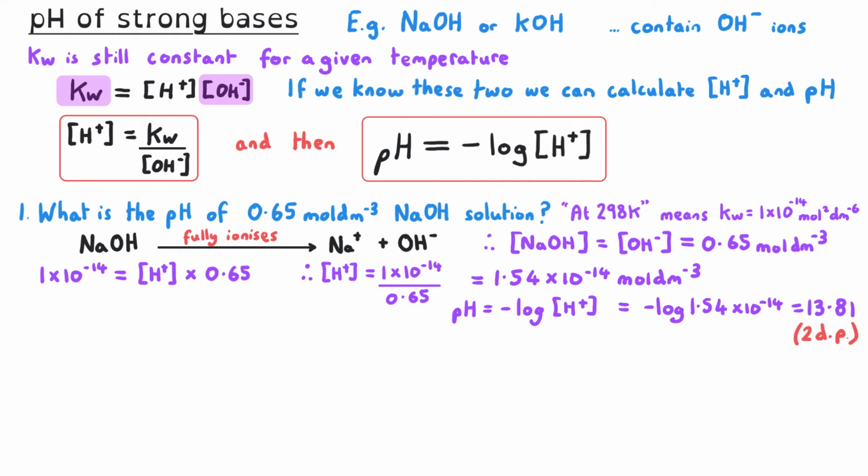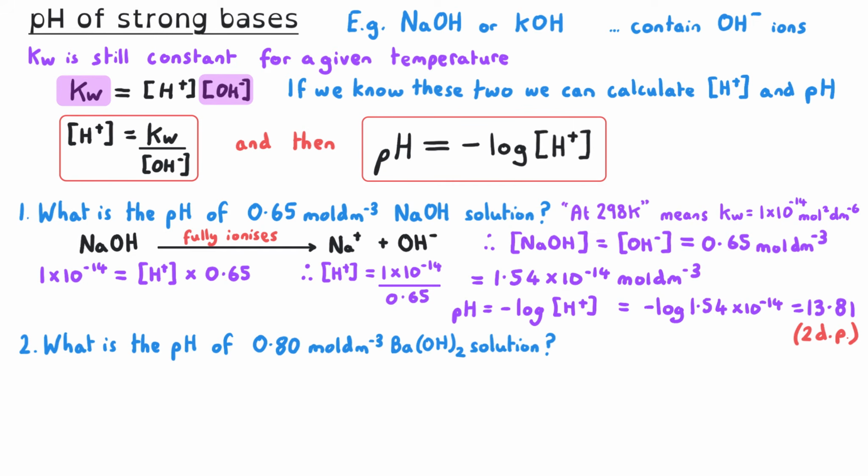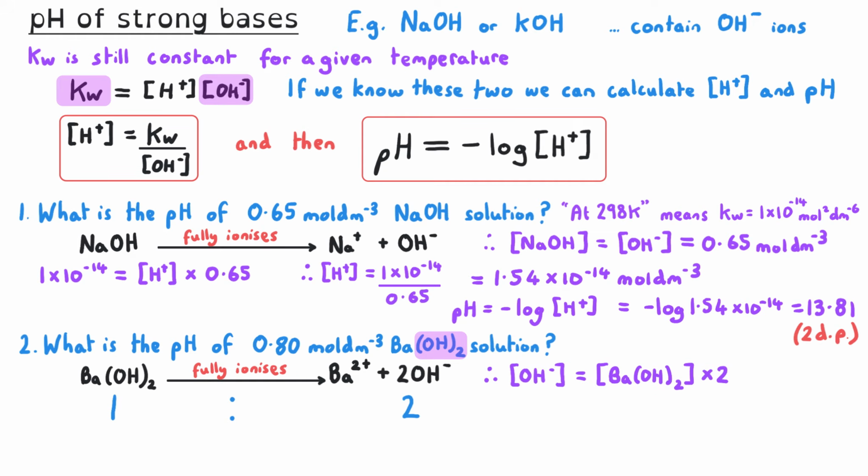And this works the same even if we've got a base that's got 2 hydroxide ions present. For instance, what is the pH of a 0.8 moles per decimeter cubed concentration of barium hydroxide? So first of all, we need to, again, recognise that it's a strong base, so that means that this will fully ionize, but this time for every 1 mole of barium hydroxide, there will be 2 moles of hydroxide, which means that the hydroxide ion concentration will be 1.6.